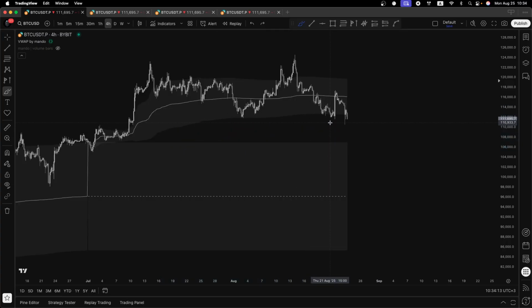So what I would expect now that we're actually accepting below some levels right here is to rotate back into previous quarter value high, and this level, 106, 107, to act as our main support and resistance level.